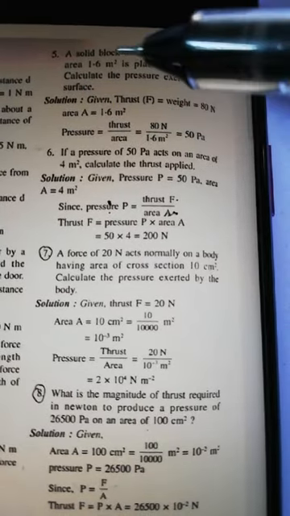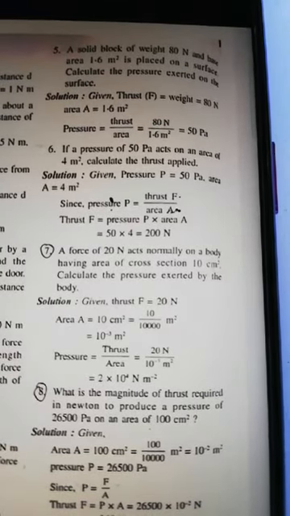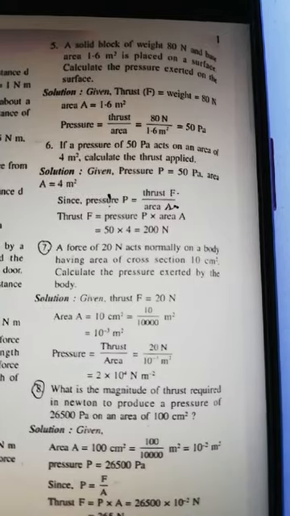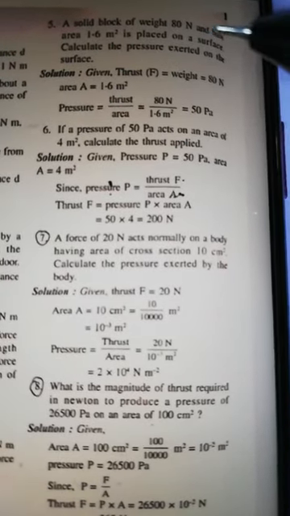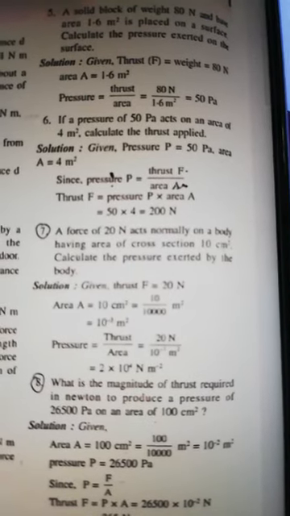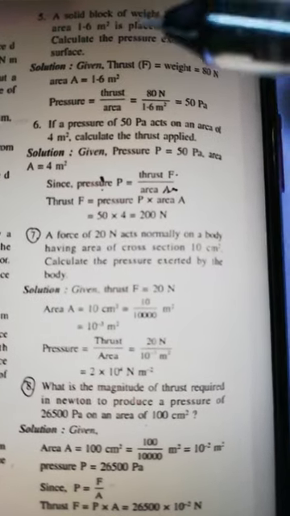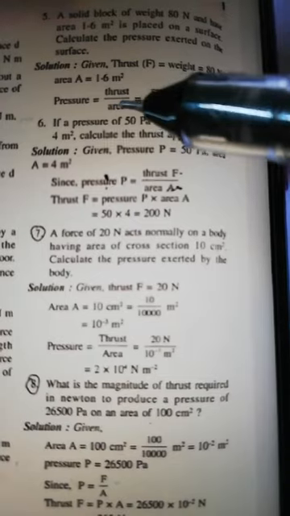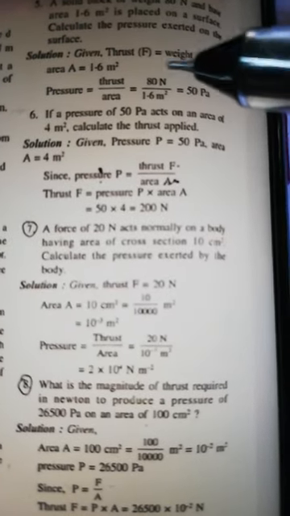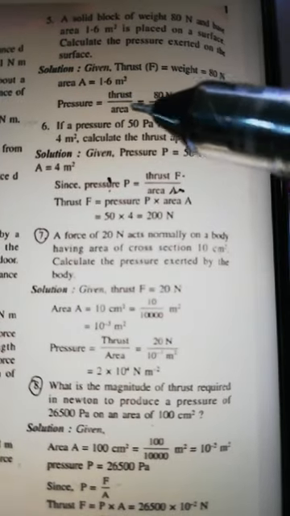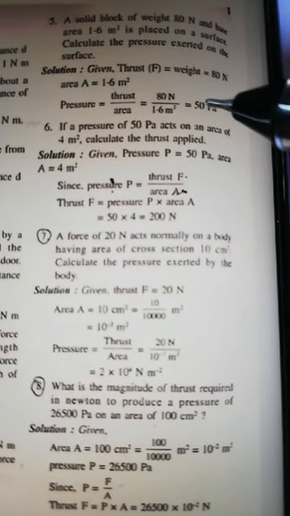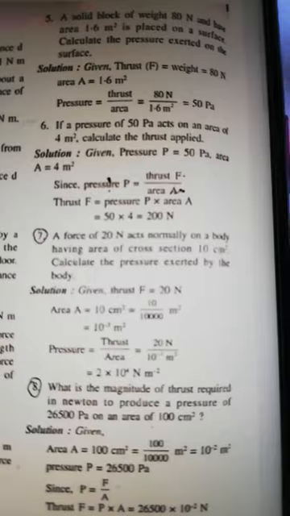Area is this. So a solid block of weight 80 Newton is given, and the area is given as 1.6 meter. So what you have to do is use the formula P equal to thrust by area, that is Newton by meter square. We are going to get Newton per meter square.